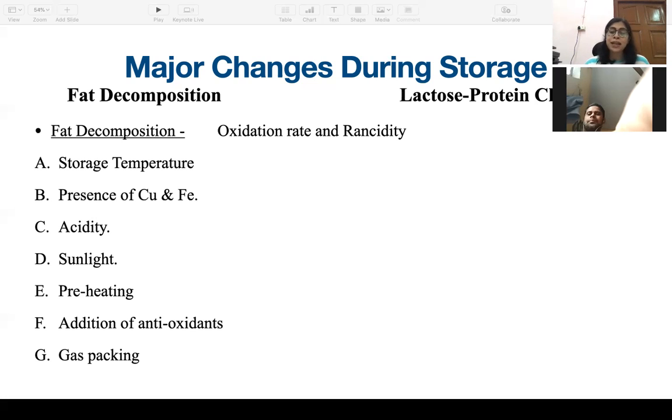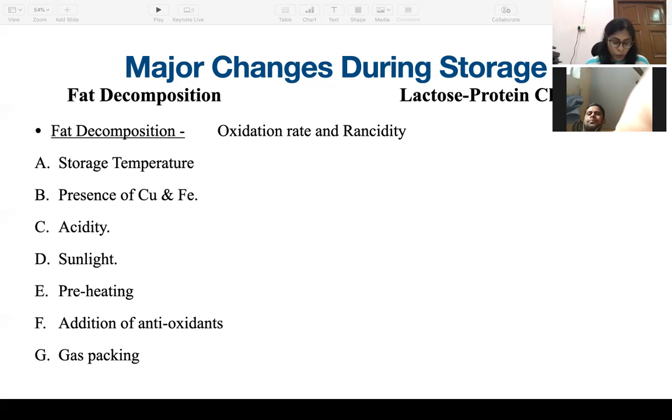Now gas packaging, what happens is that you must have seen that there is a head space in the product. Within that head space, either air is filled or nitrogen gas is filled. That head space plays an important role in reducing the rate of fat oxidation.